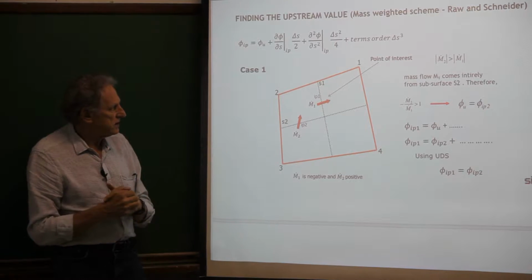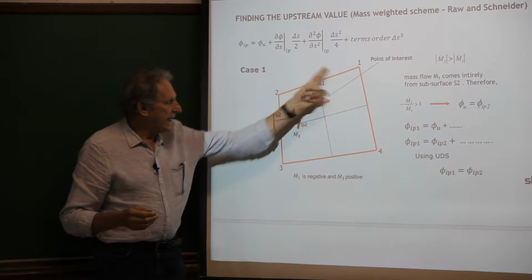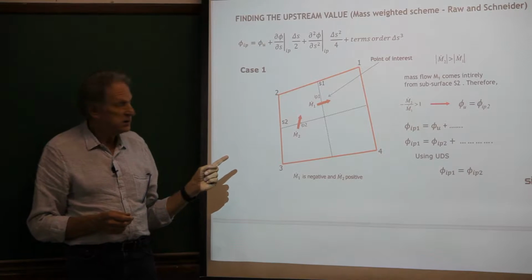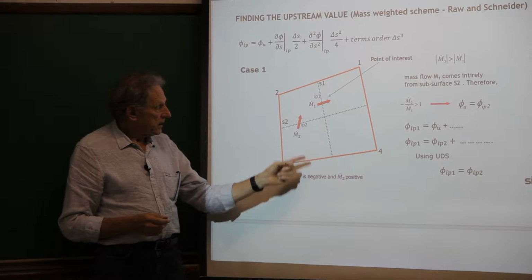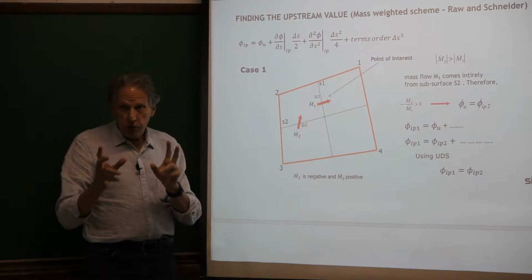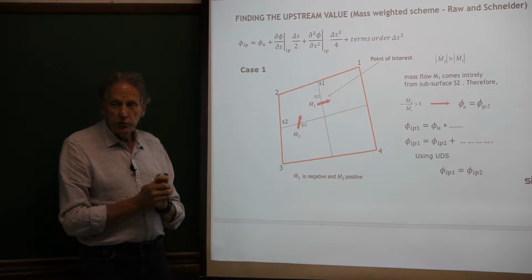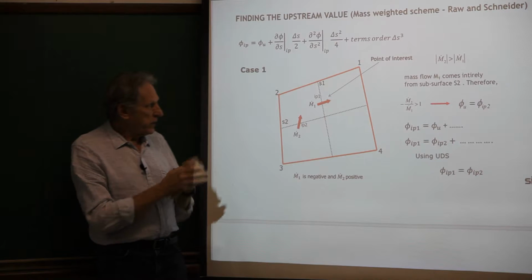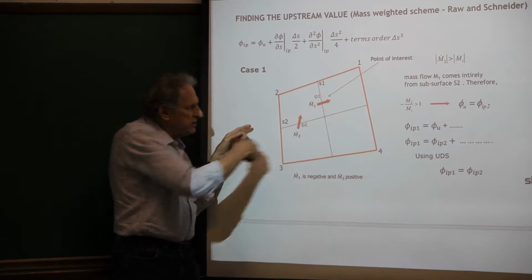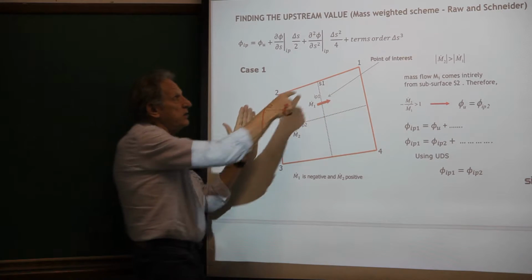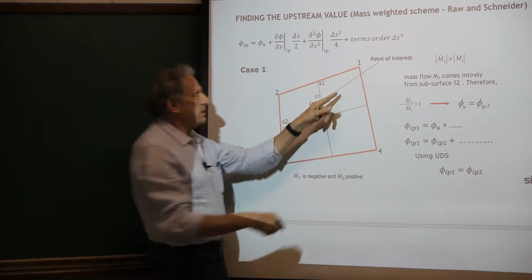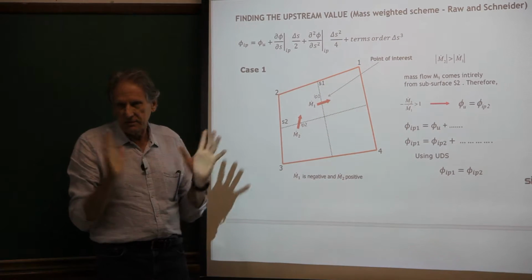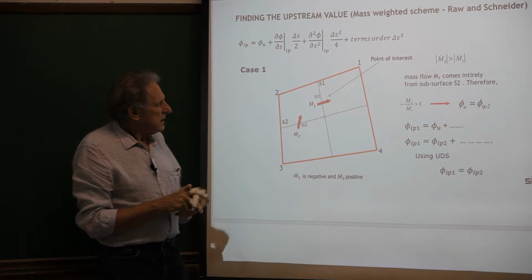So let's consider one element. This is one element, 1, 2, 3, 4, divided in 4 sub-elements, or sub-control volumes, if you want. When you are looking at the element, this is a sub-element. When you see the control volume, then you say this is a sub-control volume. It is just the same.